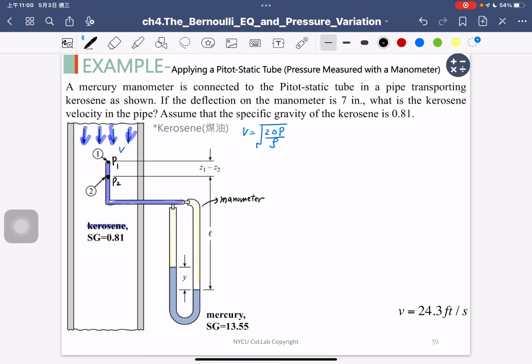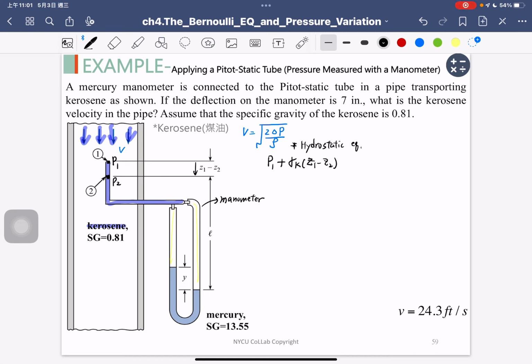So right now we are based on the hydrostatic equation. If we still remember the hydrostatic equation, we start from P1, and we go downward by the elevation difference D1 minus D2. So the pressure starts from P1, and we should plus gamma kerosene multiplied by D1 minus D2. Why do I use the plus?